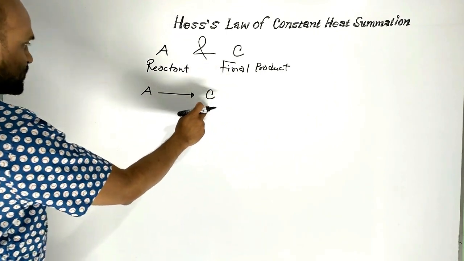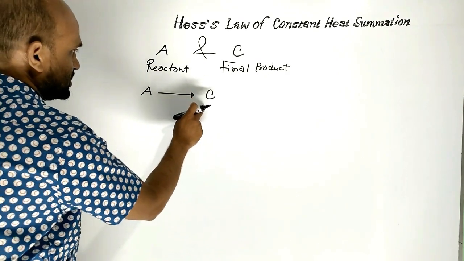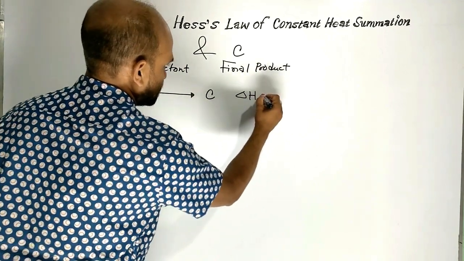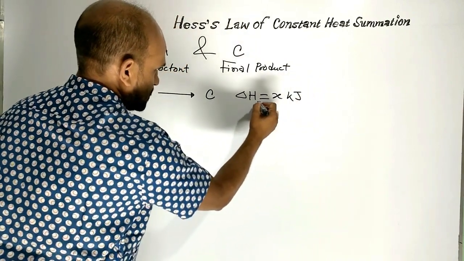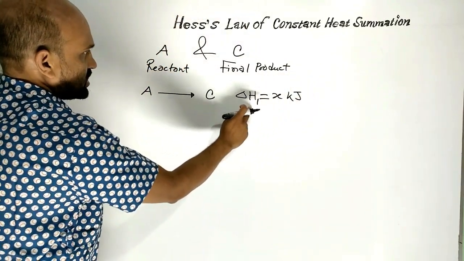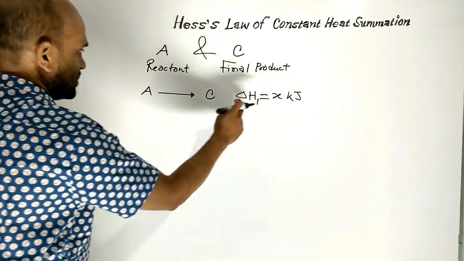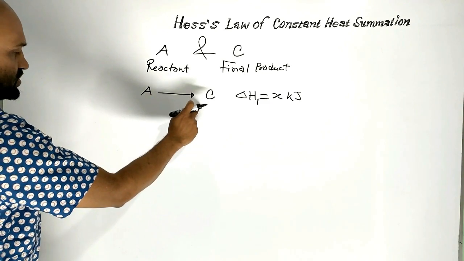C is produced from A in one step, and here suppose heat change is X kilojoule. Delta H1 is X kilojoule.